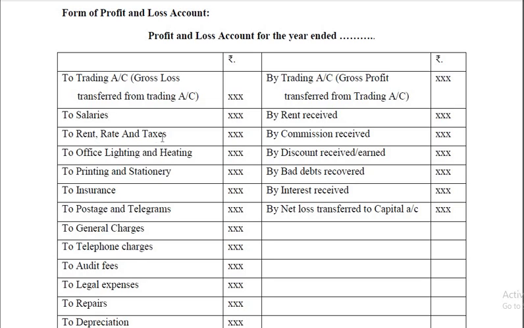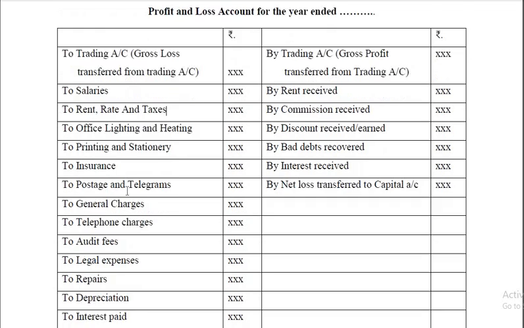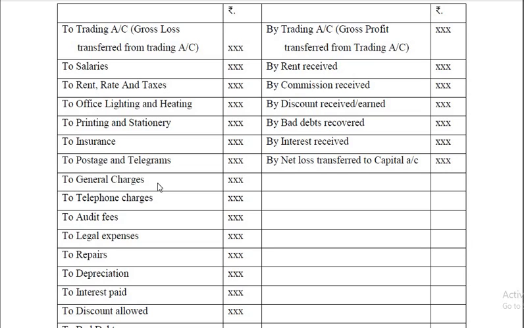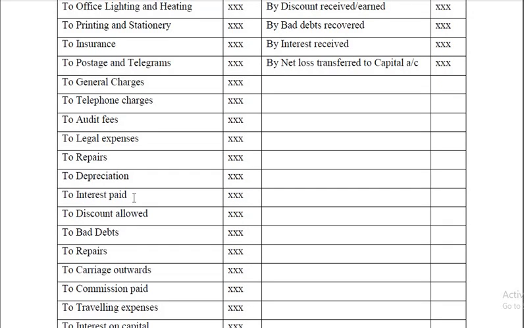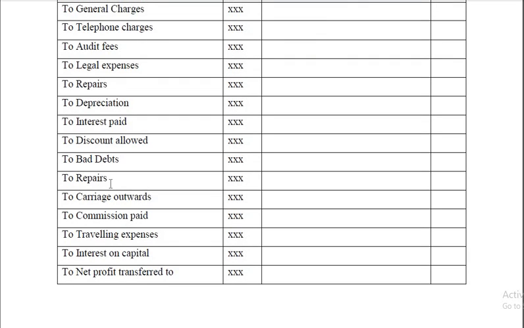Salaries paid, rent, rates, taxes, office lighting and heating, printing and stationery, insurance, postage and telegrams, general expenses, telephone charges, audit fees, legal expenses, repairs, depreciation on fixed assets, interest paid, discount allowed, bad debts, maintenance expenses like repairs, carriage outwards, commission paid, traveling expenses, then interest on capital.